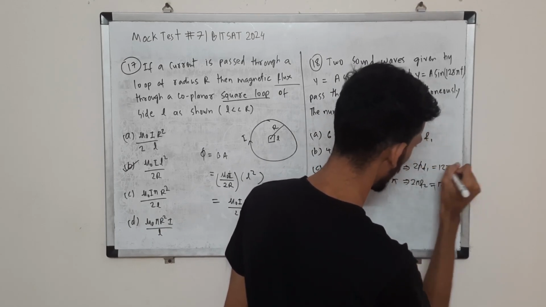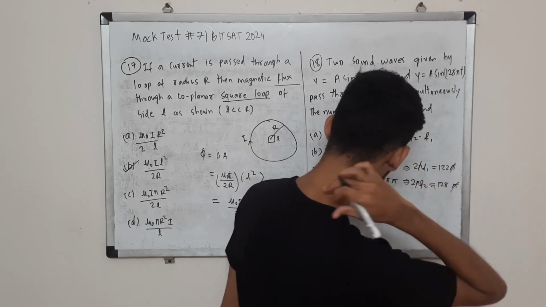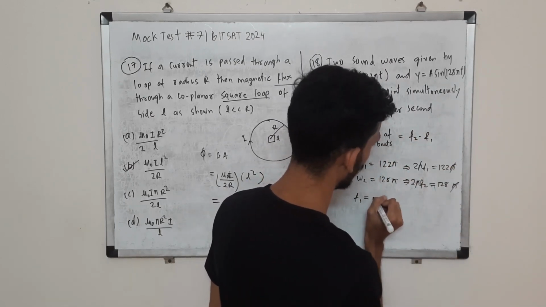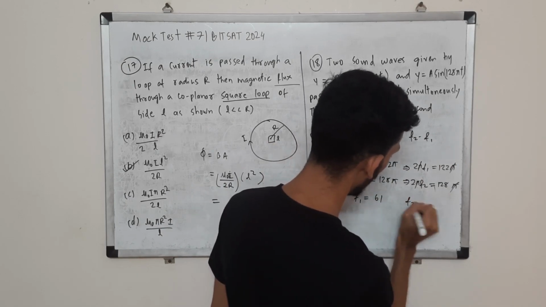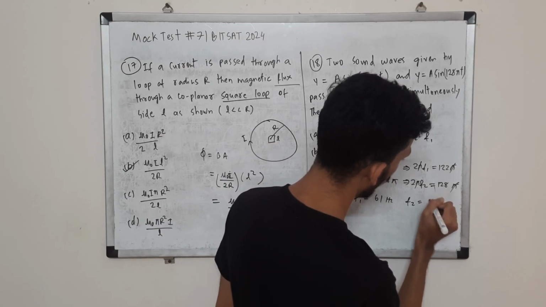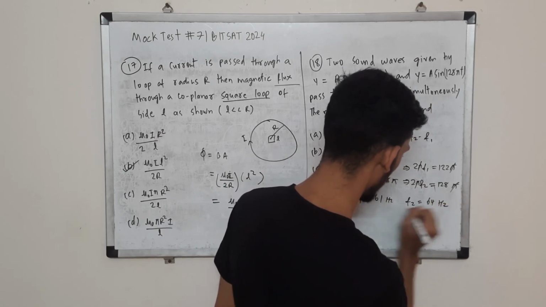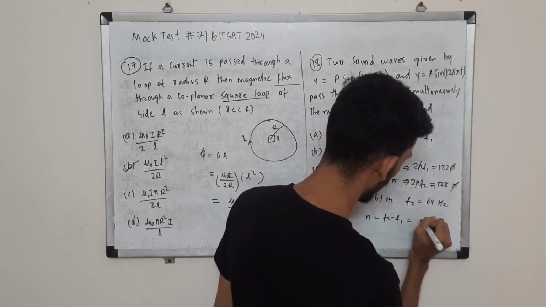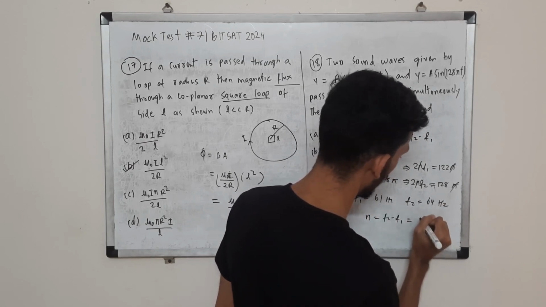You can cancel pi, so f1 will be half of 122, which is 61 hertz, and f2 will be half of 128, which is 64. So f2 minus f1, which is the number of beats, will be 64 minus 61, which is 3.